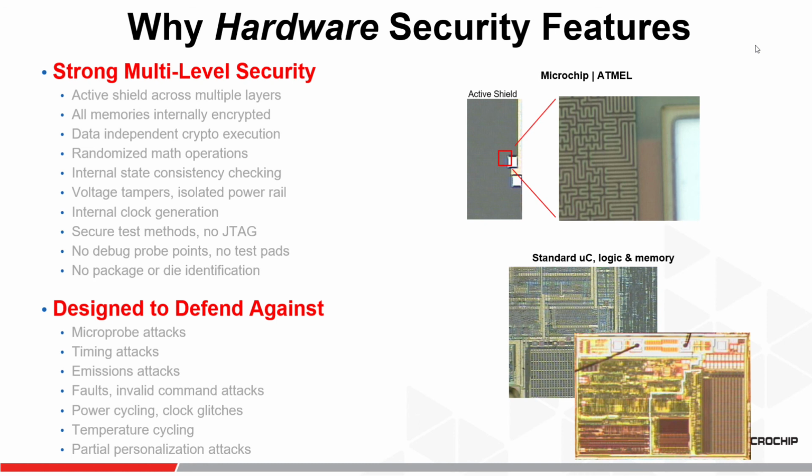And if you're very far from a key, they'll take much longer. We take exactly the same amount of time no matter if you're 1 bit away from the key or if all 256 bits are wrong. We have randomized math operations, so we don't do things in a normal order. Internal state consistency checking, voltage tampers, temperature tampers, etc. All to thwart physical attacks.